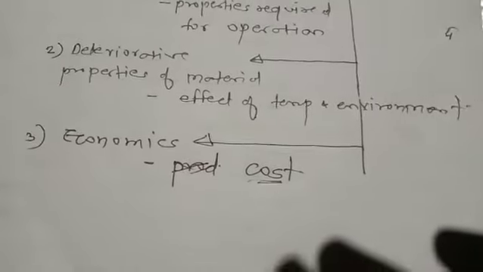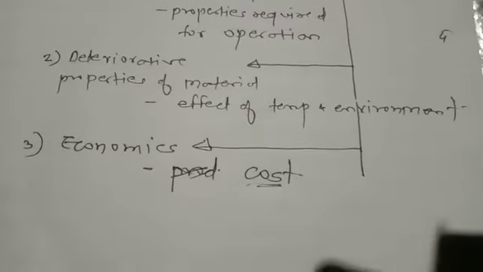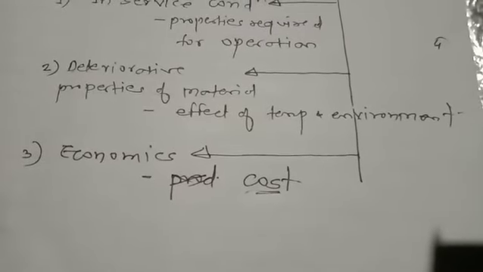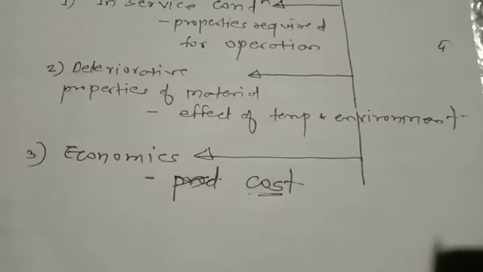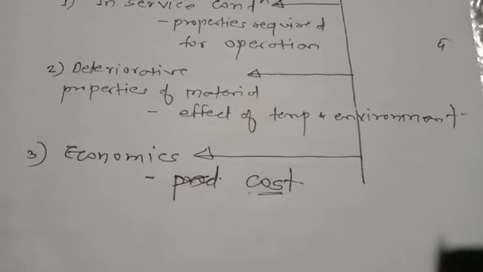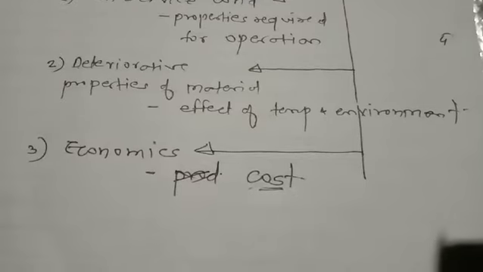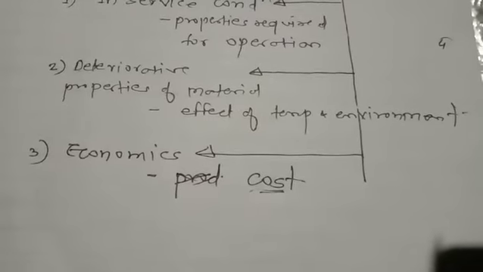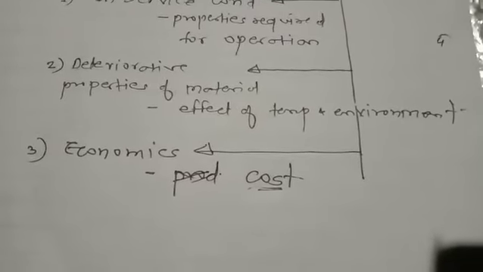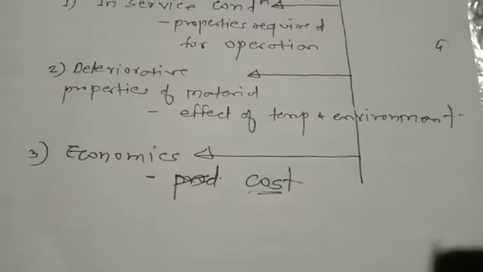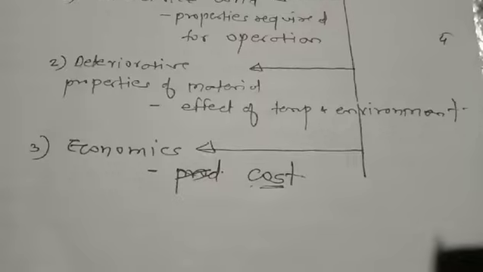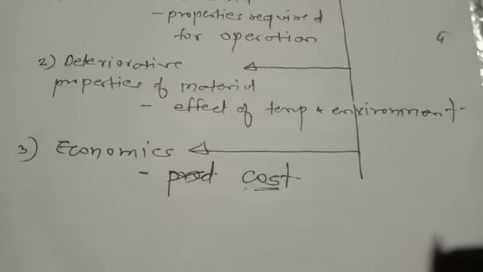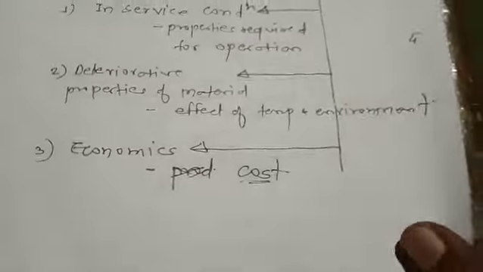So everyone understood why it is required to study material and metallurgy, right? If you don't understand anything, you can pause the video and watch it again, and try to understand the main aim or motto of the subject. So what you have studied, we'll revise it again.